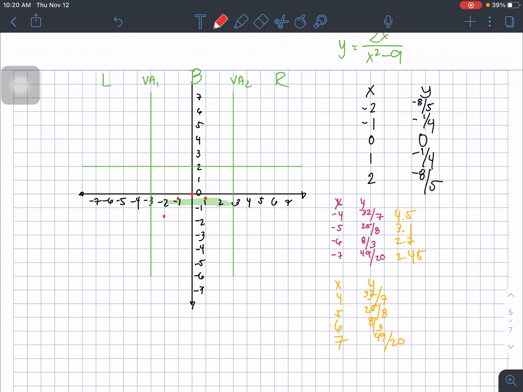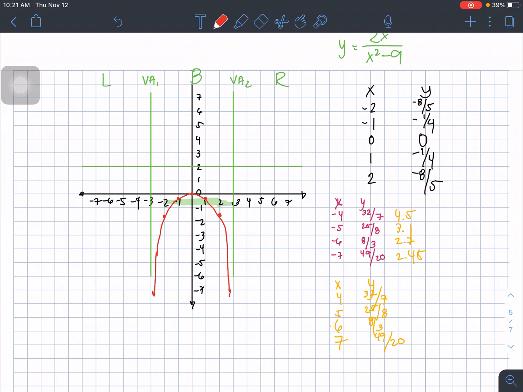And 2 and negative 8 over 5 around here. So draw the curve. Again, the asymptotes near them will serve as the boundary line. They will never cross this boundary line. They will just approach, but they will never cross this asymptote. So it is asymptotic to vertical asymptotes 1 and 2.